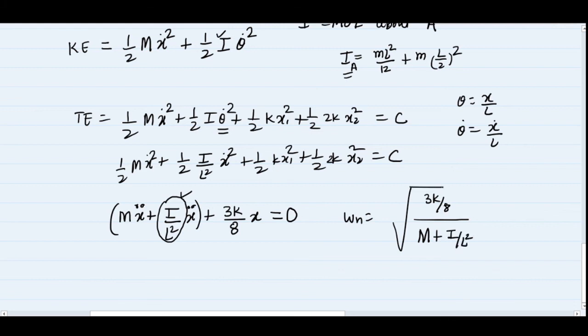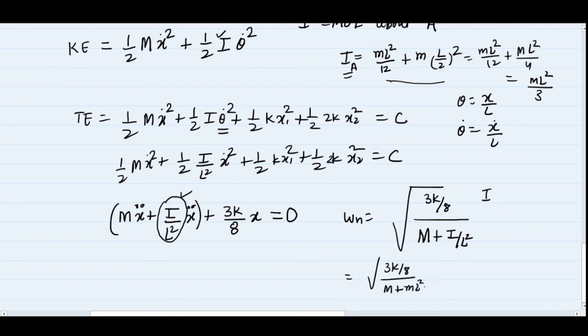And if you replace the I that we calculated here, that will be m L square by 12 plus m L square by 4, and ultimately you will get m L square by 3. So either you can write the equation in terms of I, or you can replace it. Your final expression will become 3k by 8 divided by m plus m L square by 3 L square.